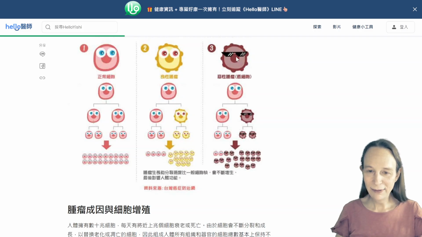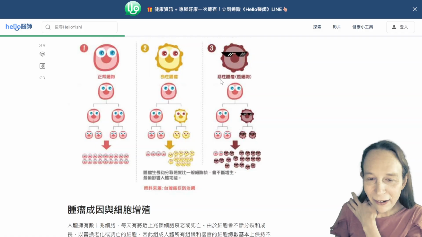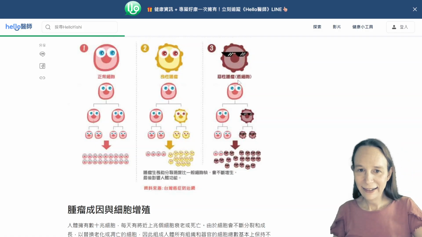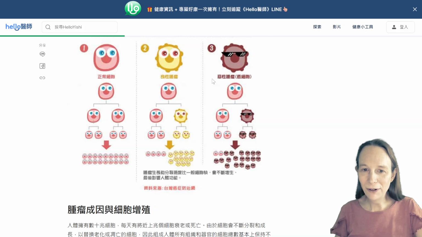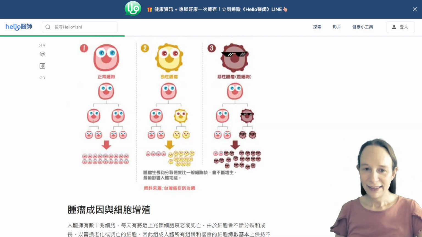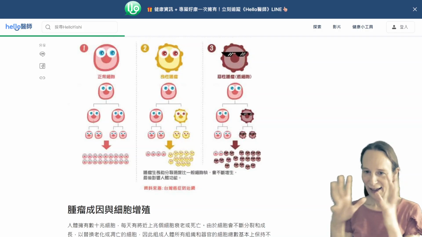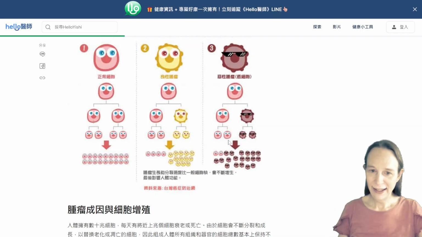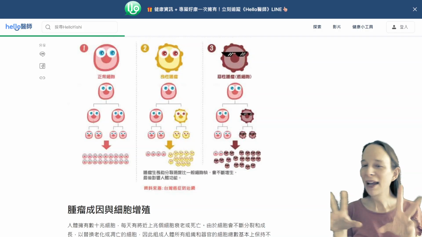And presumably this ugly one here is the cancerous one. So 恶性肿瘤, cancerous tumor or malignant tumor. 癌细胞 is a cancer cell. If it's a malignant tumor, it grows. If it's benign, it's just chilling. I'm happy with my life at the moment.